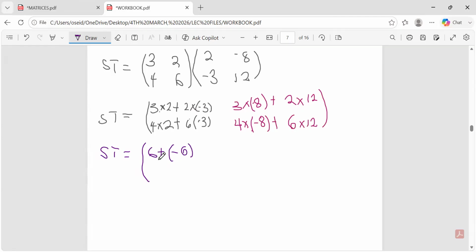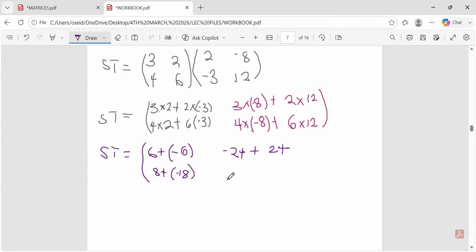Let's put it in a nice bracket. And 4 times 2 is 8 plus 6 times negative 3 is negative 18. So we put it in a nice bracket. Then 3 times negative 8 will give us negative 24 plus 3 times 12 will give us 24.